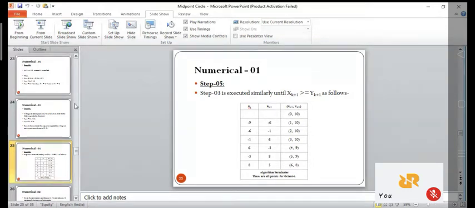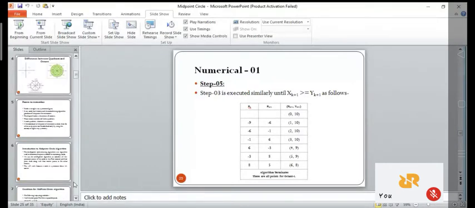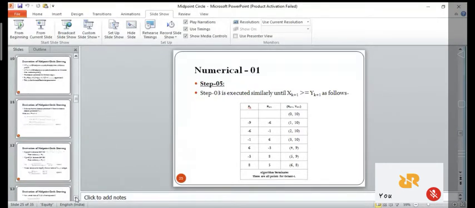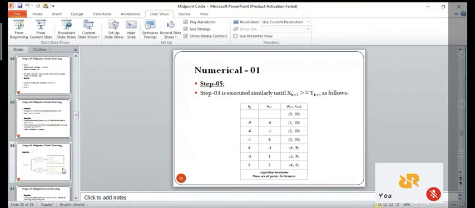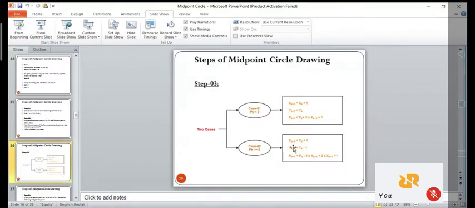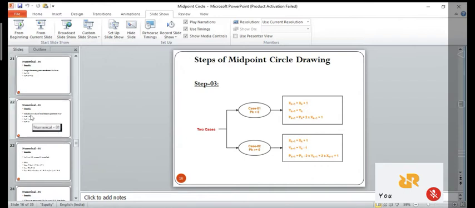You are going to increment the x value. This is going to be based totally on the conditions that we have seen. When you solve it, you will know. Whatever numericals we have seen, you have to solve them and see, only then will it be clear.